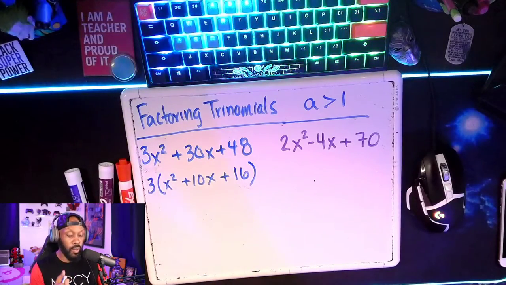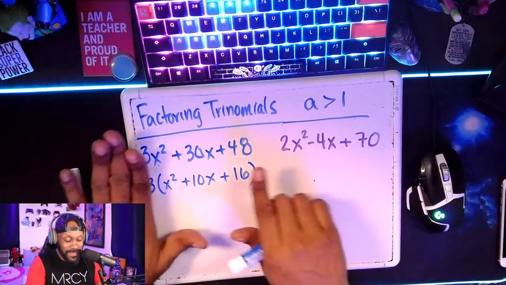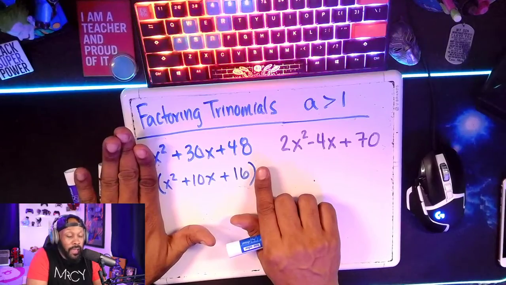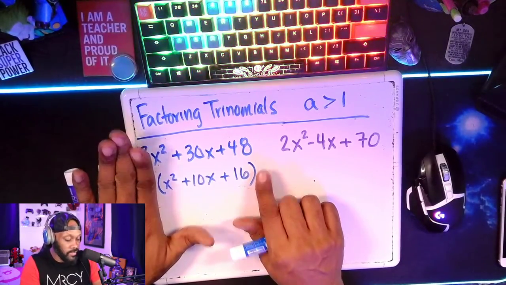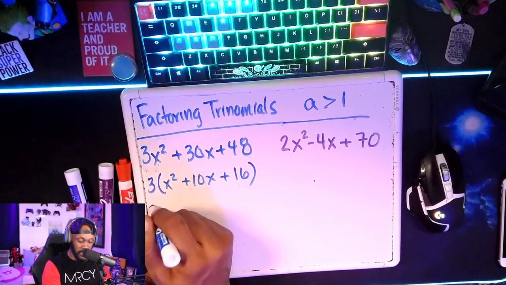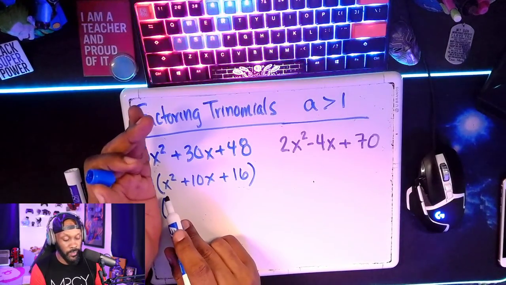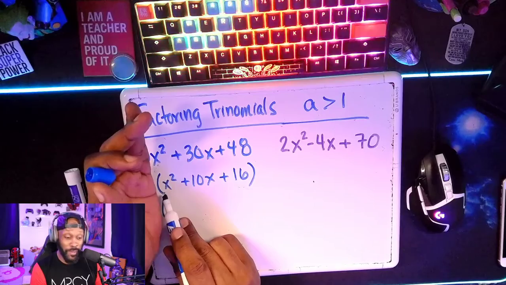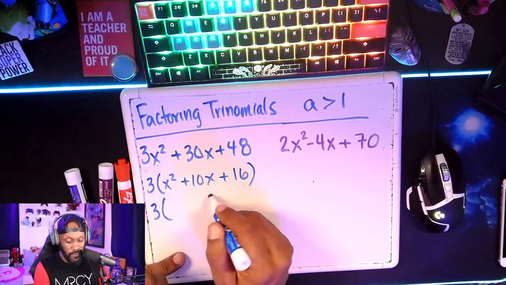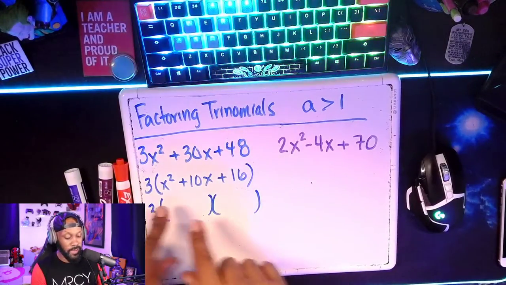And so the thing is, we're not done. Just this part right here can also be factored. So just like we did with our last one, if we're just looking at what's in the parentheses, we now have an A term that is equal to 1. So let's go ahead and factor that. The first term here is x, x.